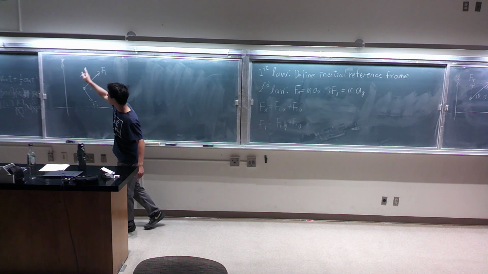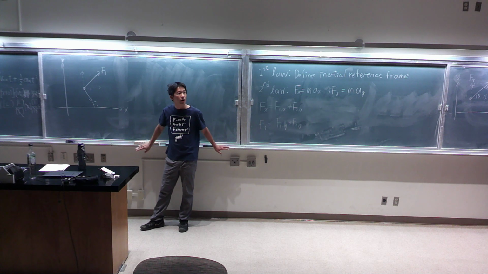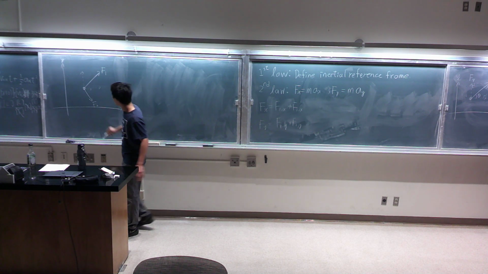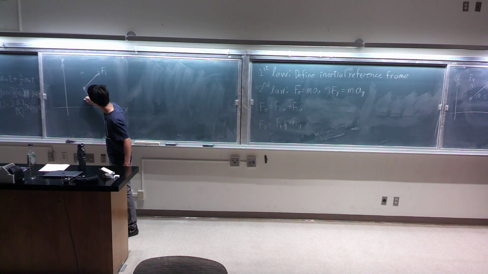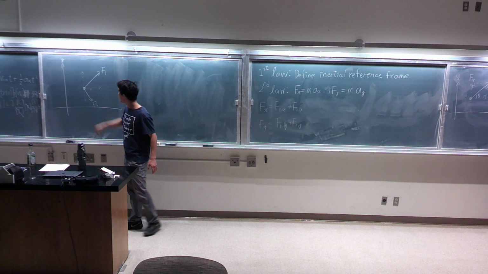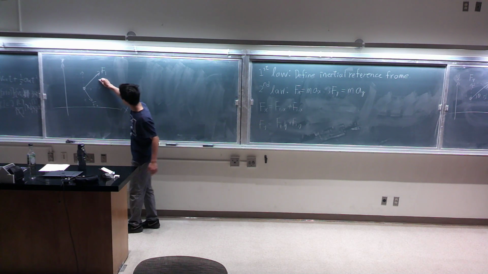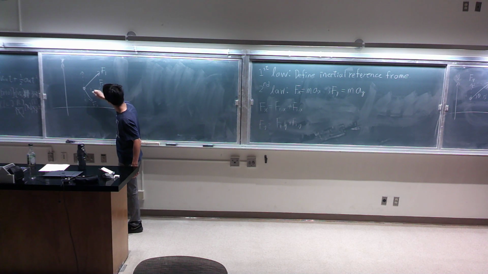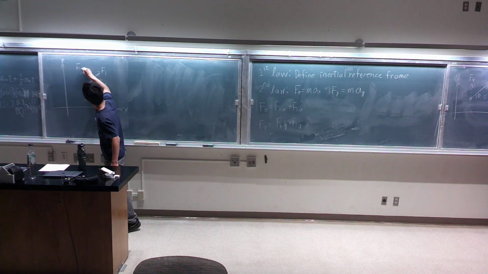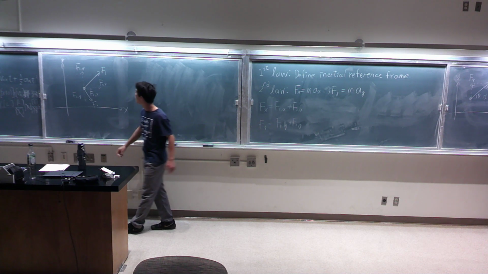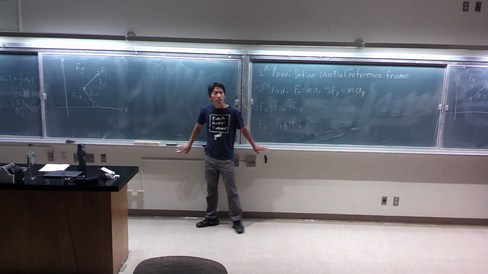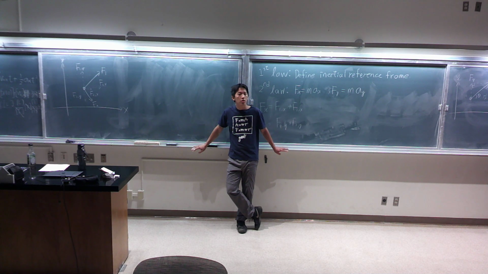It is pointing to the positive y direction. For the y component of F2, it is going down. It is negative because it is pointing toward the negative y direction. This is the x component of F1, x component of F2, y component of F1, y component of F2. Any question?